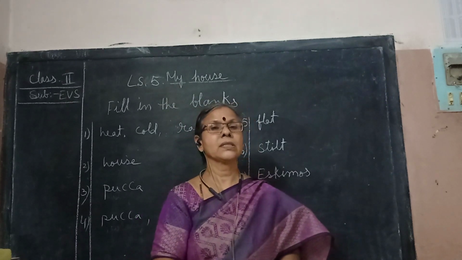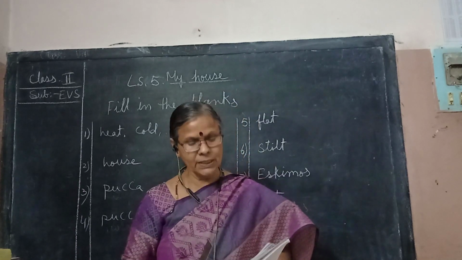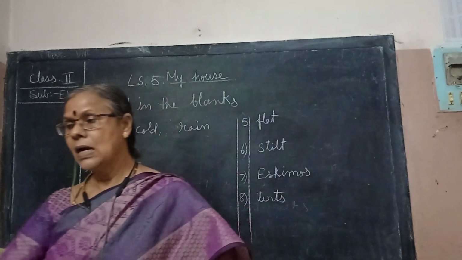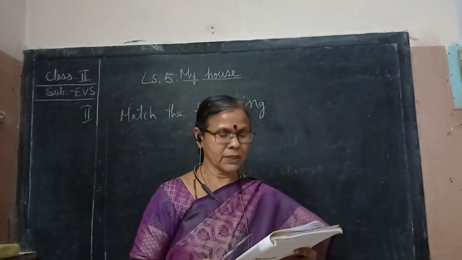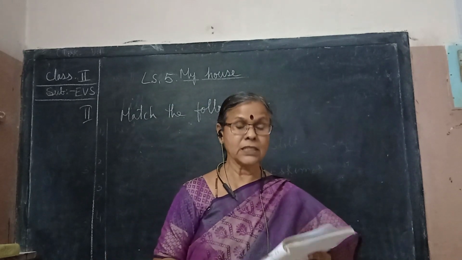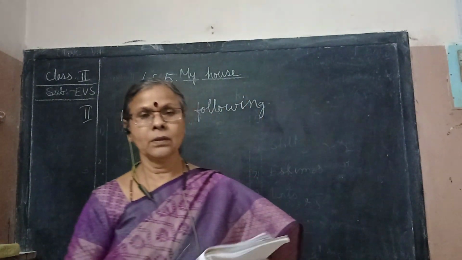Then coming to this match the following. Match the following also will do it. We are going a little bit fast. I'll write the answers on the board. Yes, children. Now we'll do the second exercise, that is match the following. I'll show you in the textbook only. Please see.